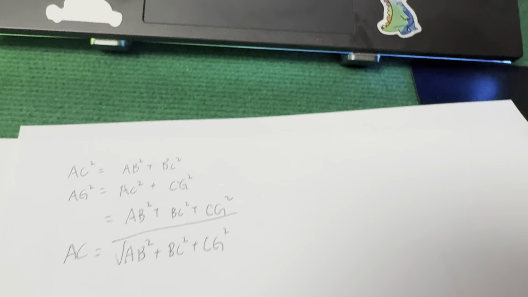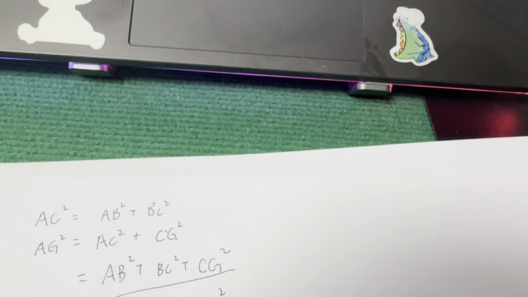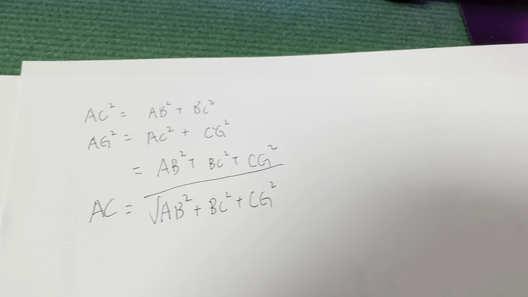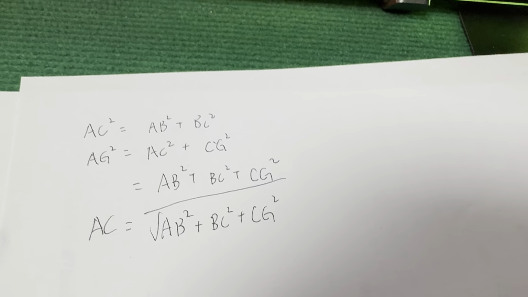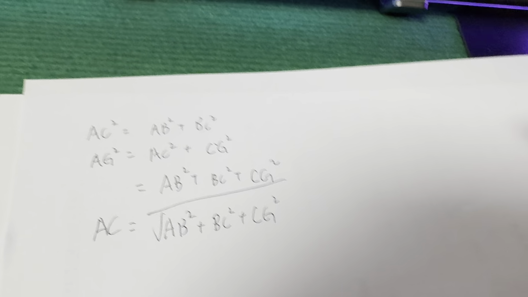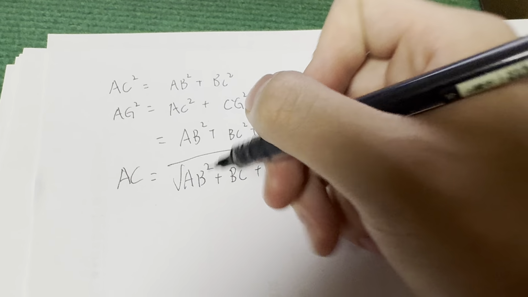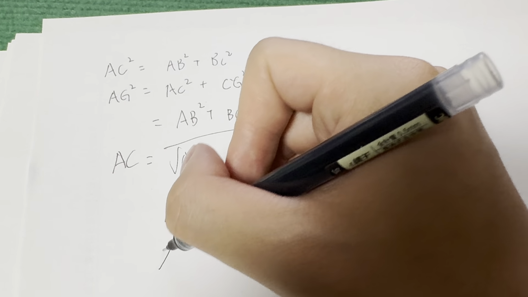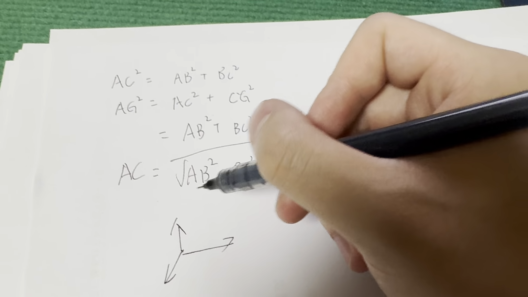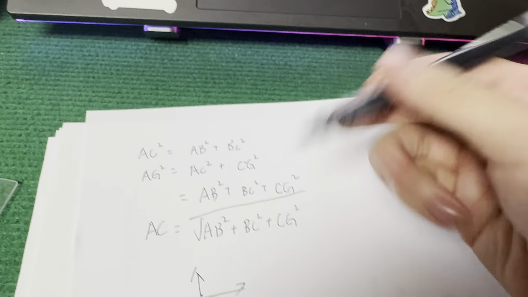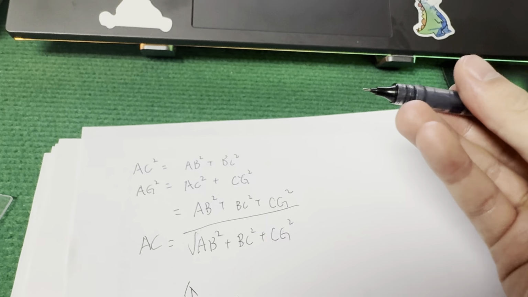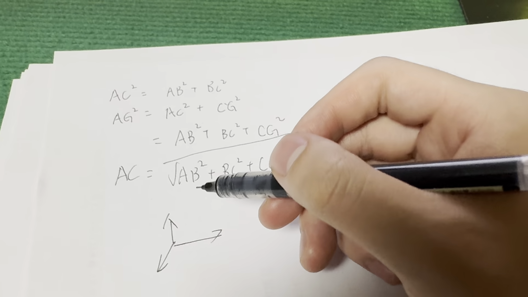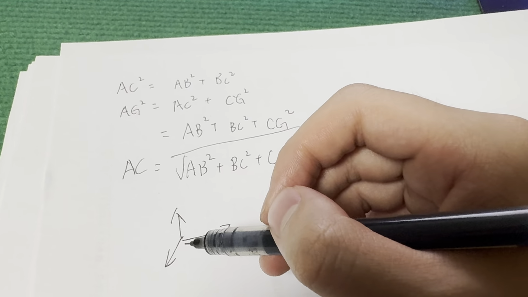But the formula we had in the last chapter is based on three-dimensional space which has coordinates. Just imagine that here is a three-dimensional space. AB is this dimension, BC is this dimension, CG is this dimension. How do you calculate AB, BC, CG when you have two points?